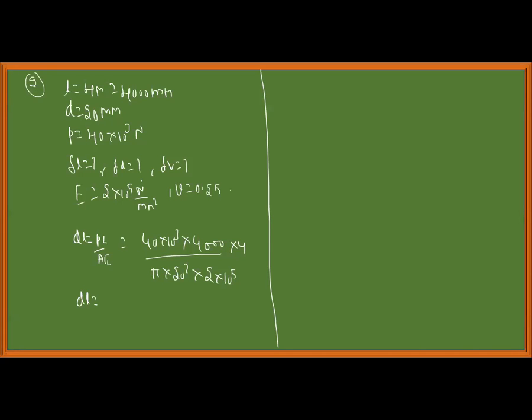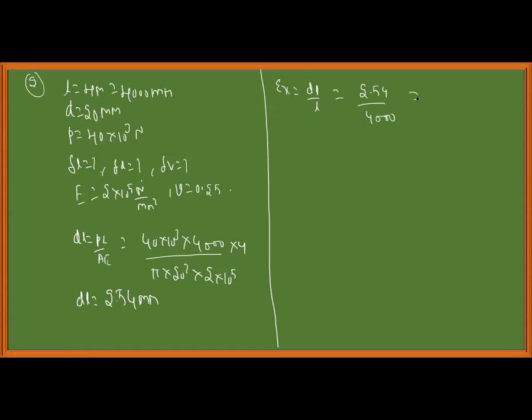2.54 mm, right? As dl is equal to 2.54 mm. We know that epsilon x is equal to dl by L. I know the change in length, 2.54, divided by length, which is 4000 mm.